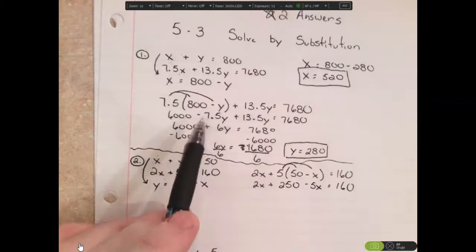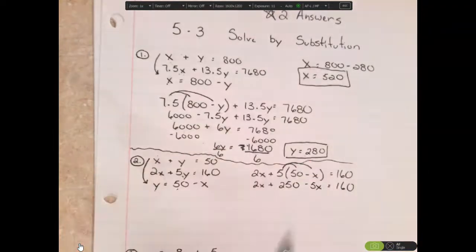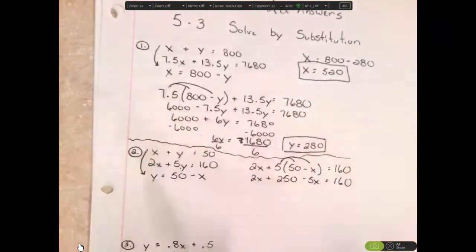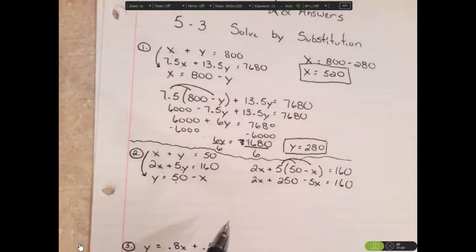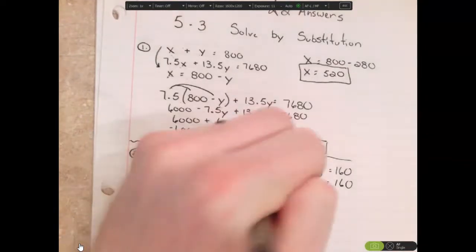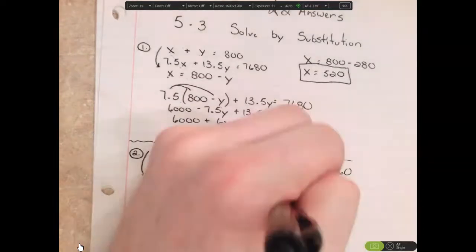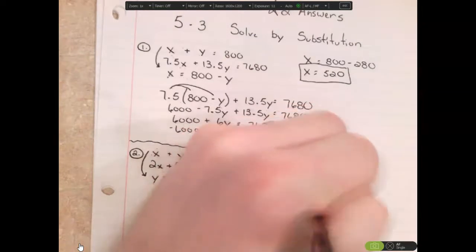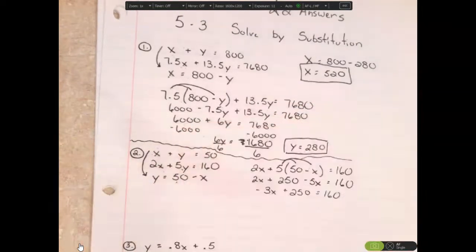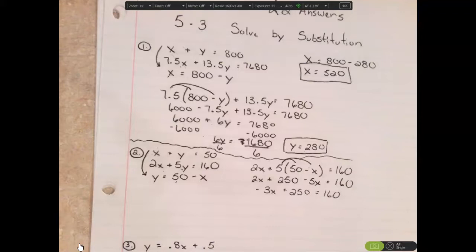Just like what we did on number 1, guys, again, this is why I like these problems so much, because there's a lot of repetition with them. We've distributed. Now we need to combine like terms. So 2x minus 5x, that is equal to negative 3x plus 250 equals 160.